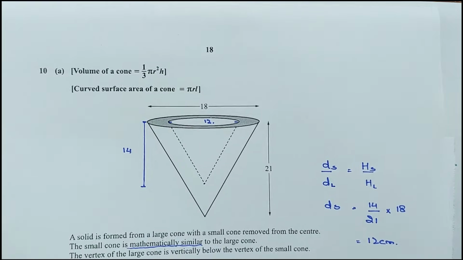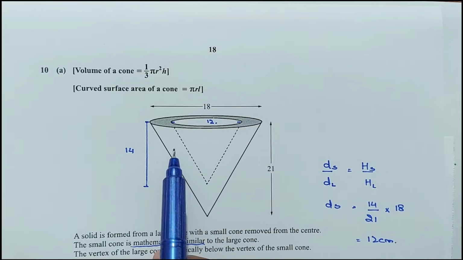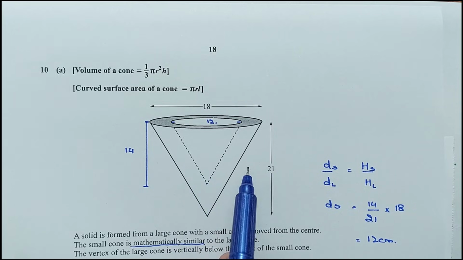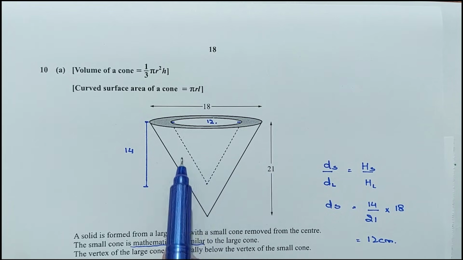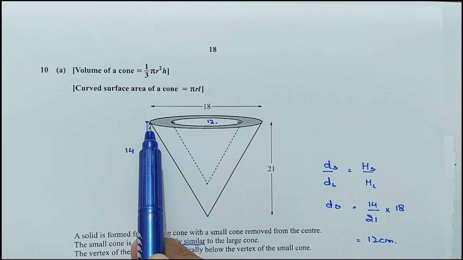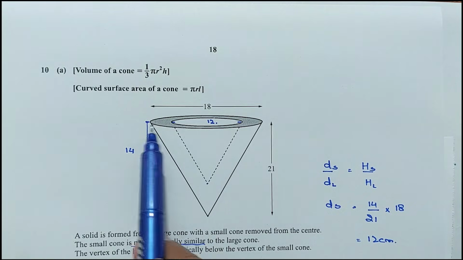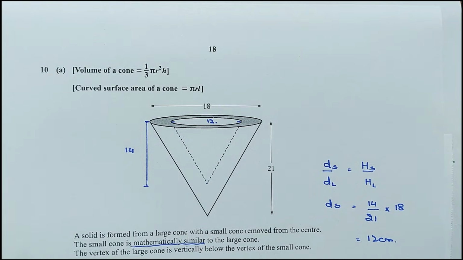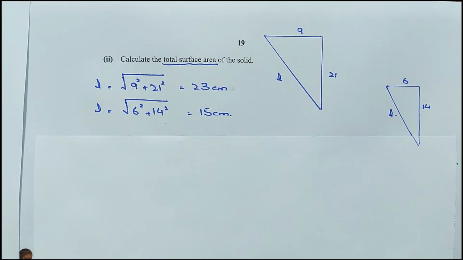Okay, now the total surface area of a solid is the curved surface area of the larger cone, the curved surface area of the smaller cone, and the base area. That would be the area of the larger circle minus the area of the smaller circle, right? So the curved surface area is pi RL.